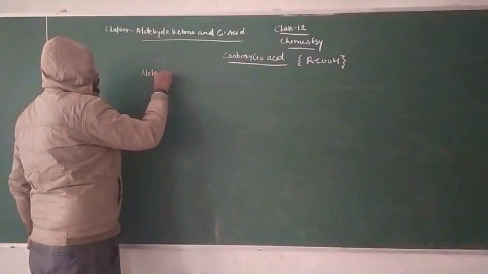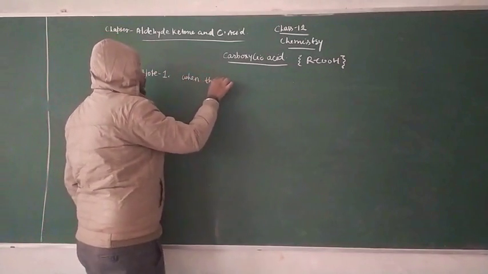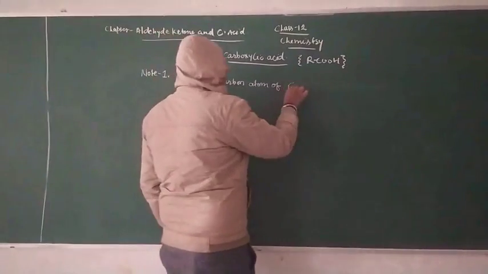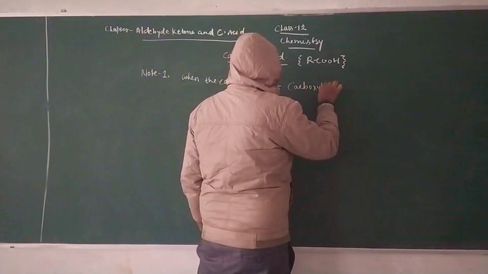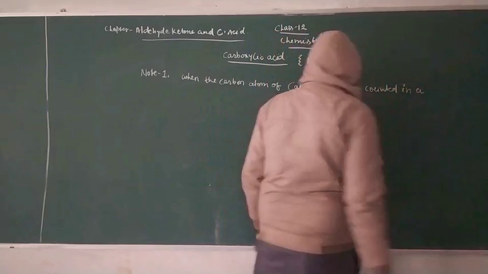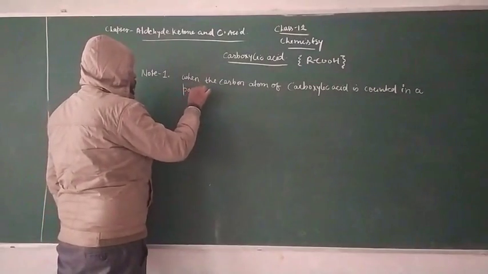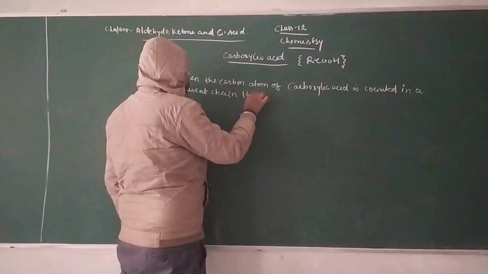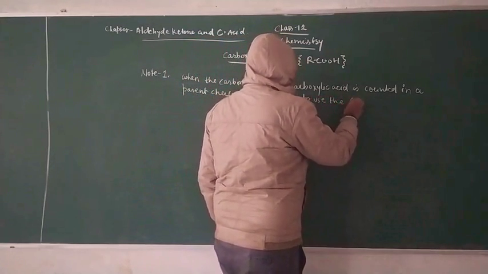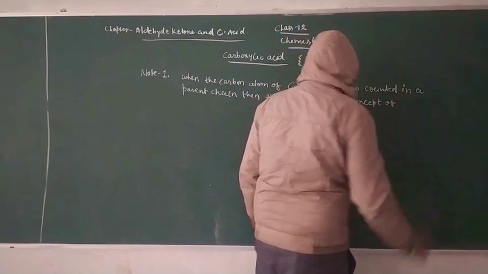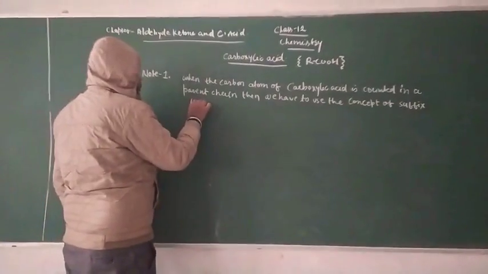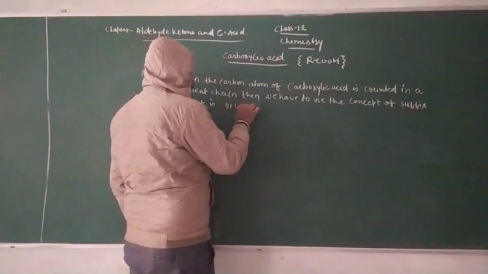Note number one: when the carbon atom of the carboxylic acid is counted in the parent chain, then we have to use the suffix, that is oic acid.